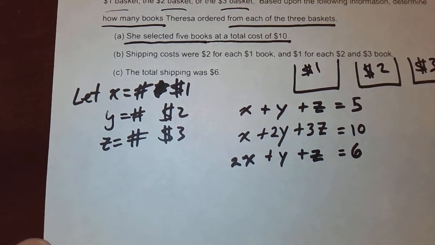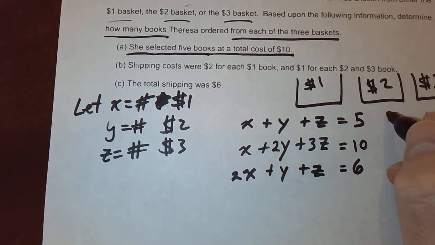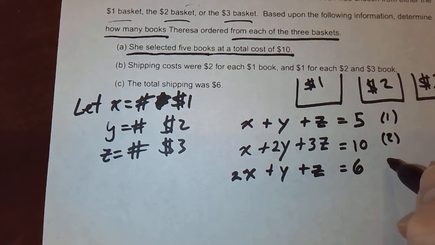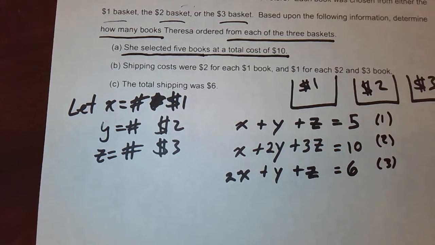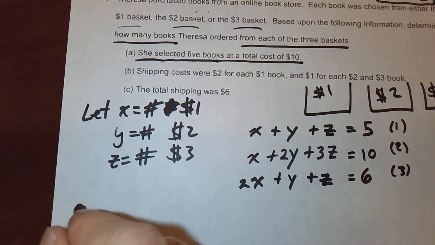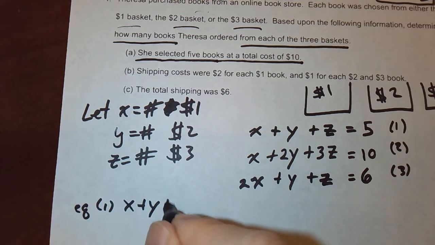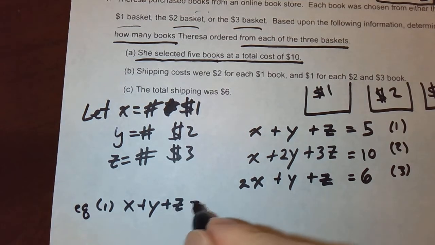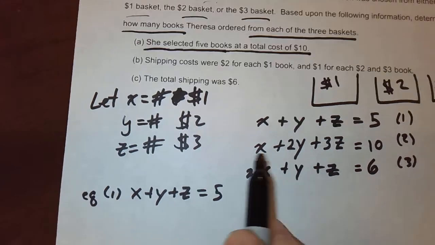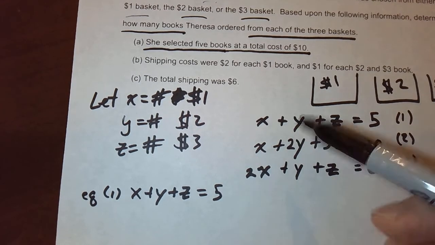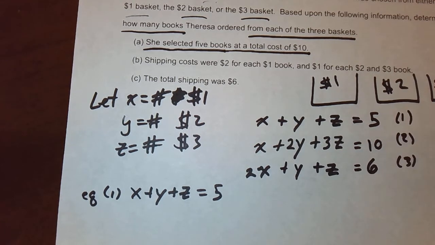Well, let's notice that if I call these 1, 2, and 3, I'm going to write equation 1 again: x plus y plus z equals 5. And then I'm going to take equation number 2 and multiply it by -1, because that's going to allow the x and the negative x to cancel out.